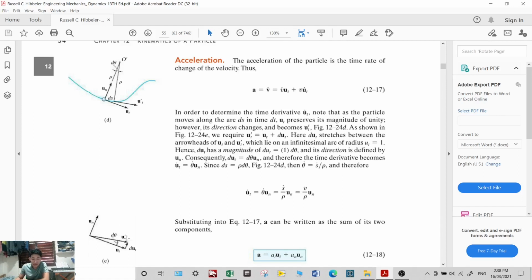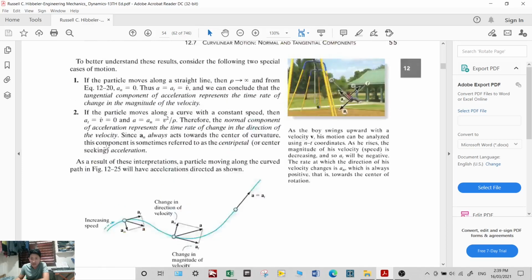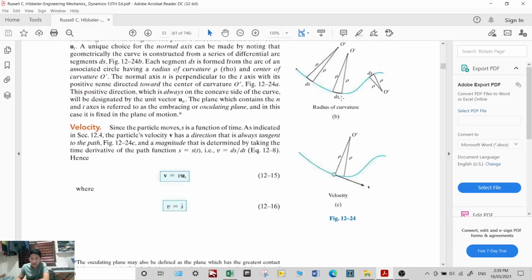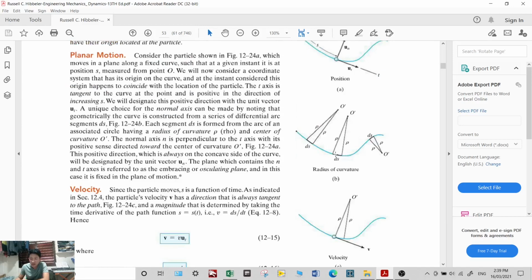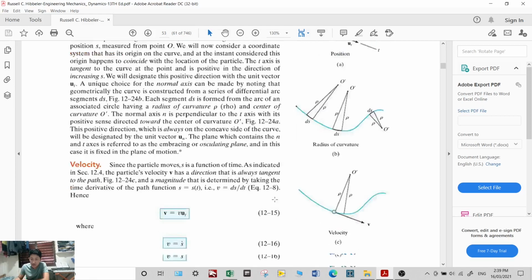The arc length here, since it is very, very small, you will see that du sub t, say for example this one, the value of ds is just the angle d theta times the radius.